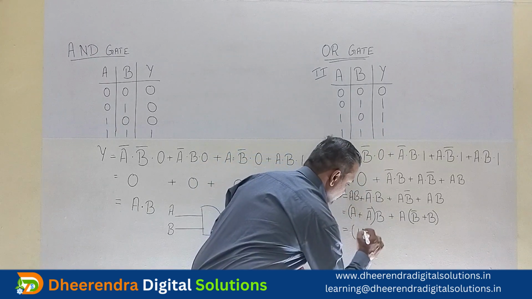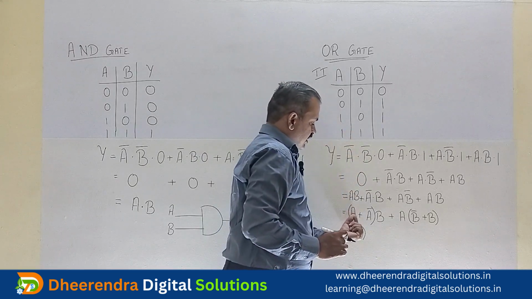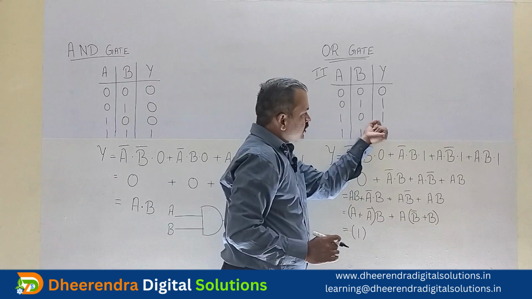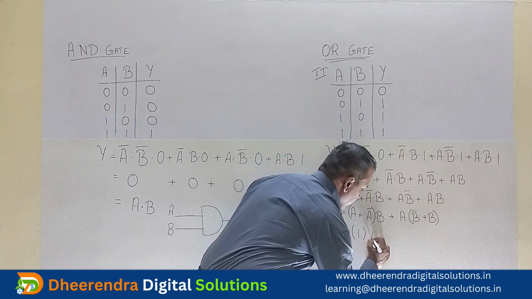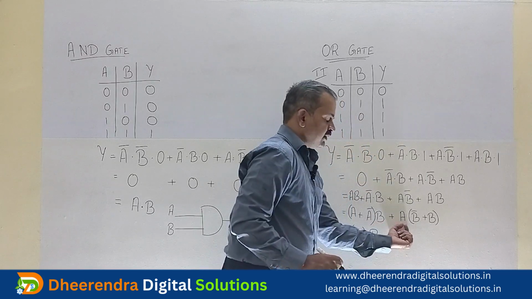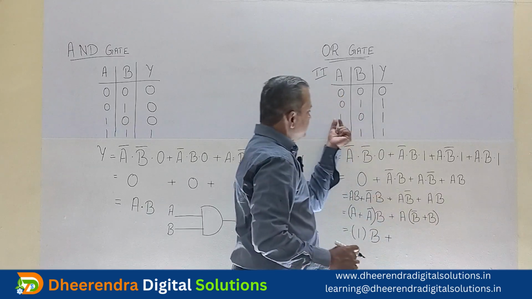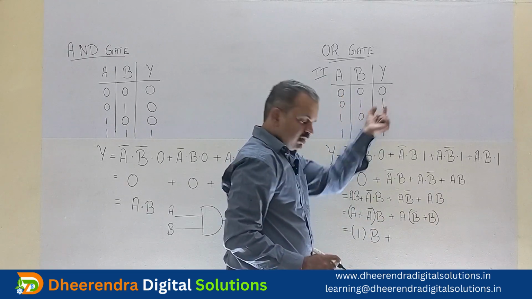So this is 1. When A is 1, OR with 0, you get 1. So I have replaced it with 1. So I get B over here. Plus, what is it that we are doing over here? B bar plus B, that is 0, 1. For that, the result is always 1.